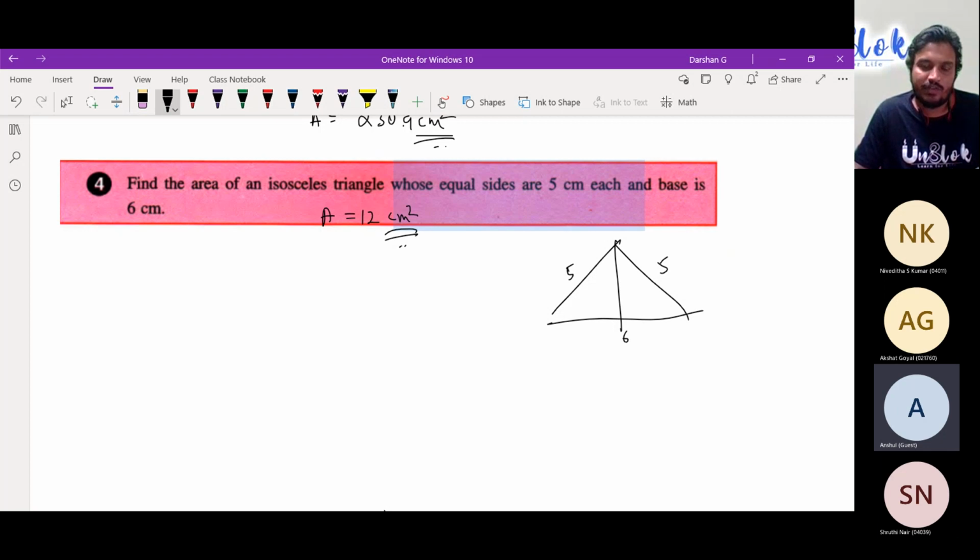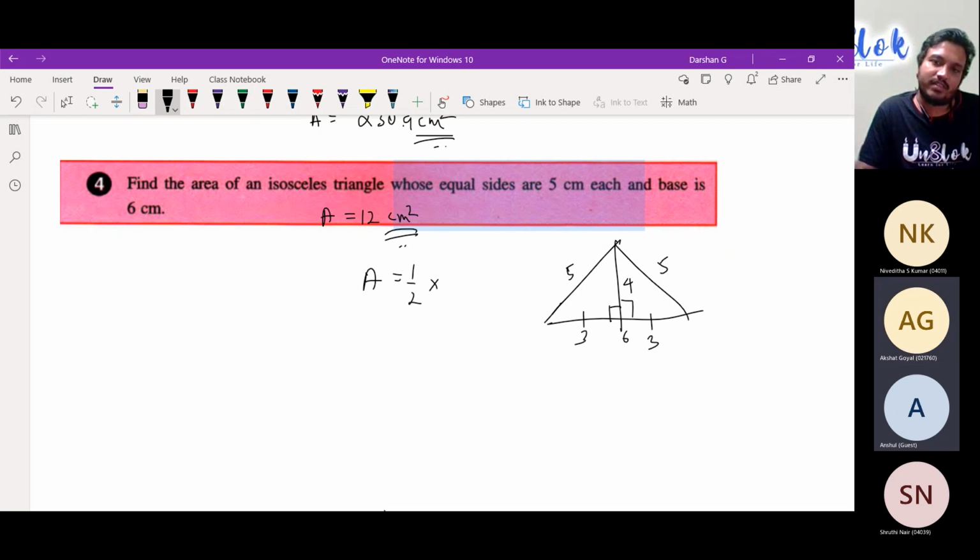That's a very good way to solve it. So you took 3 directly and found out height, right? Height is 4. Correct. It comes under the perfect triplet, and then from there you can simplify it. Half into base into height. Area is half into base. What did you take, 3 or 6?